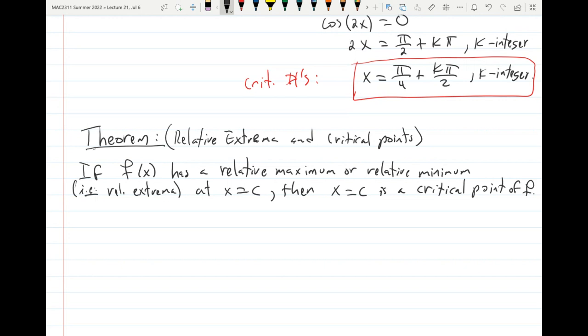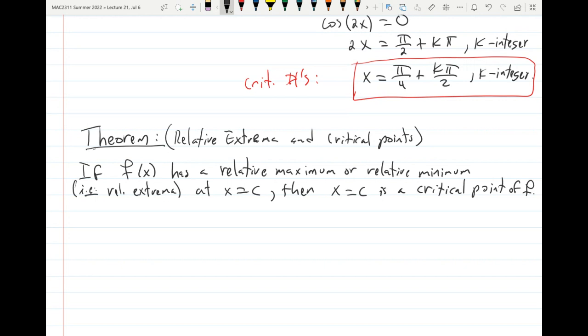Okay? Which is the one that we have been saying all along. So if the function has any relative extrema, then that point at which the relative extrema occurs is going to be a critical point. In other words, the derivative is either undefined or is equal to 0. Okay? One of the two things must happen.